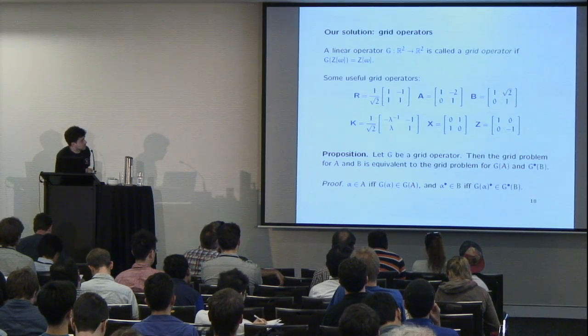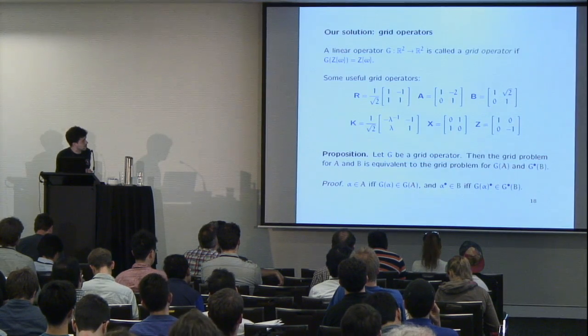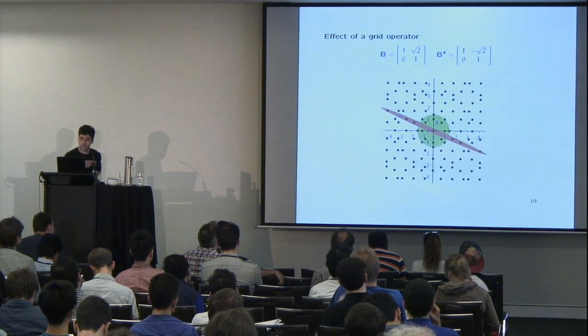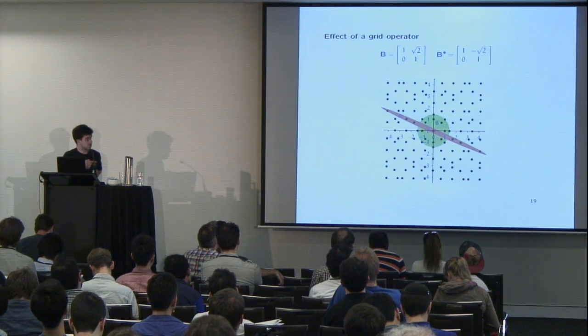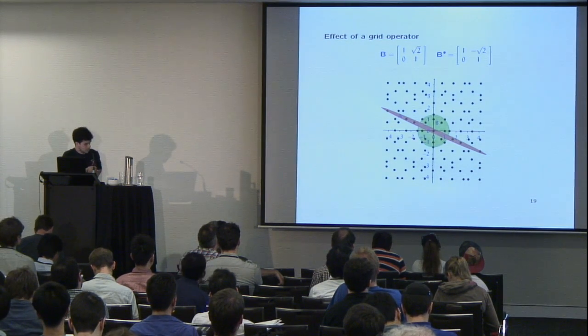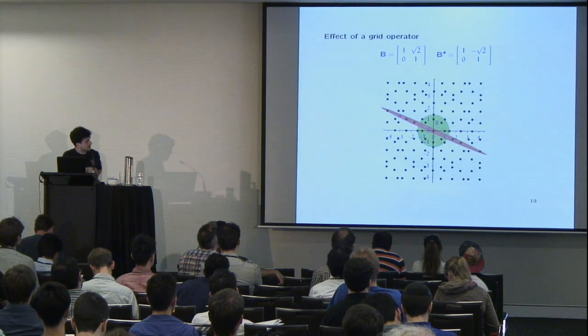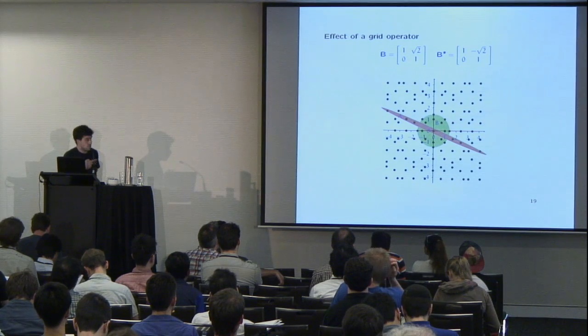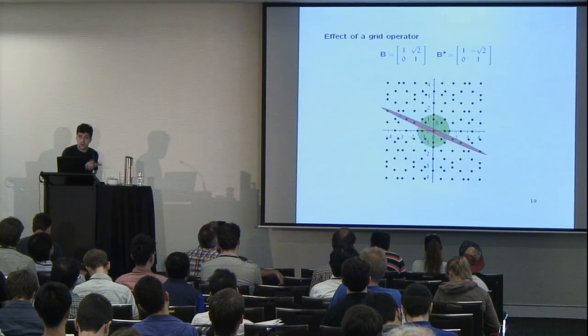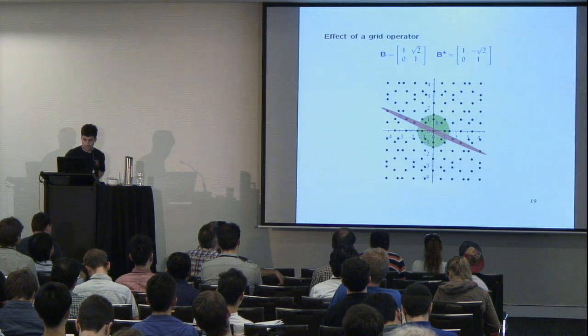So maybe it's clearer geometrically. Let's go back to our initial two-dimensional grid problem that I presented earlier, this one with 7 solutions. Here, the solutions are these points that lie in A. Now let's look at the action of the grid operator B, which is a shearing, on this particular grid problem.